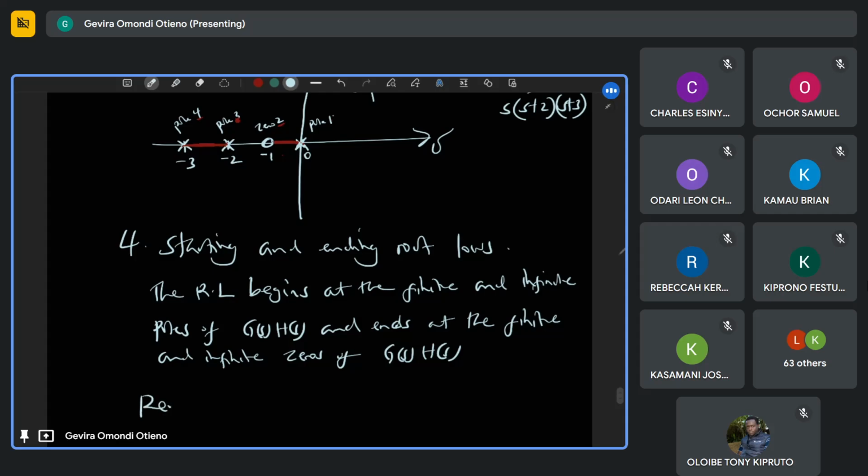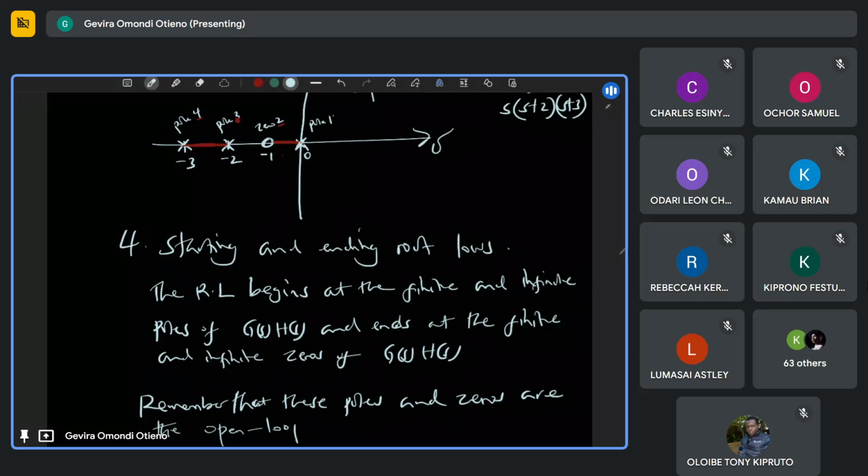Let me just write here. Remember that these poles and zeros are the open loop, not closed loop.